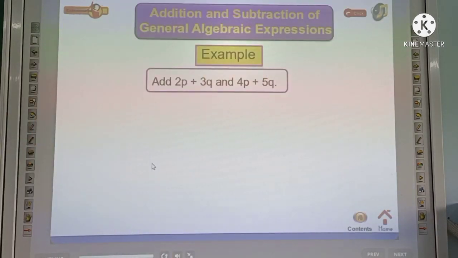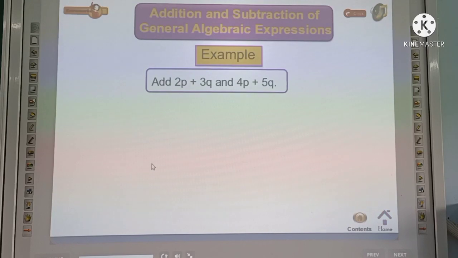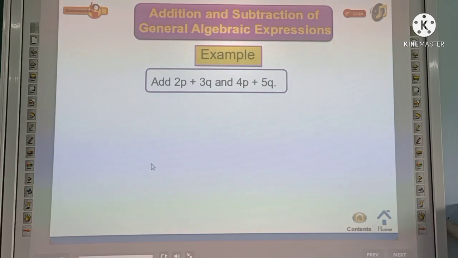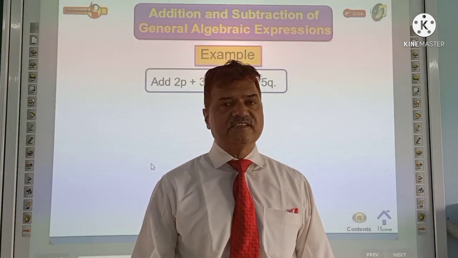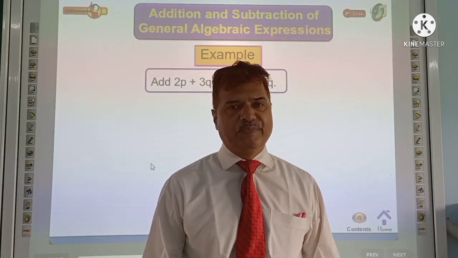Having learned the addition and subtraction of like and unlike terms, we can now add or subtract a jumbled algebraic expression. Let us understand this with the help of an example. Add 2p plus 3q and 4p plus 5q. Students, this is the sum of binomials.